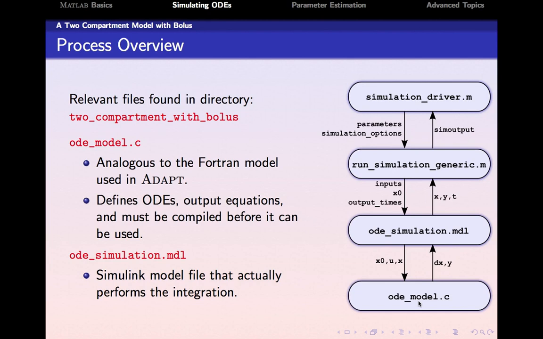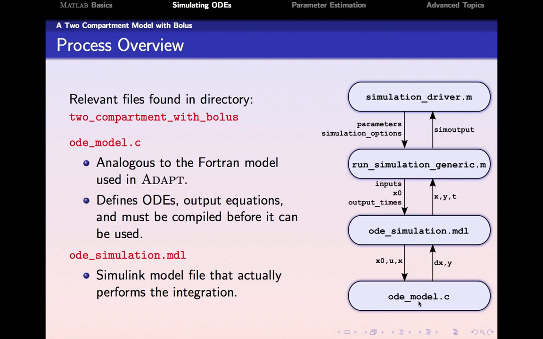Basically, within the C file, you define the set of ordinary differential equations, you define your outputs, and you define your initial conditions and other information about the system. One thing that's important is that, just like in ADAPT, you have to compile it before it can be used. So if you make changes to it, you must recompile the C file before those changes will take effect.